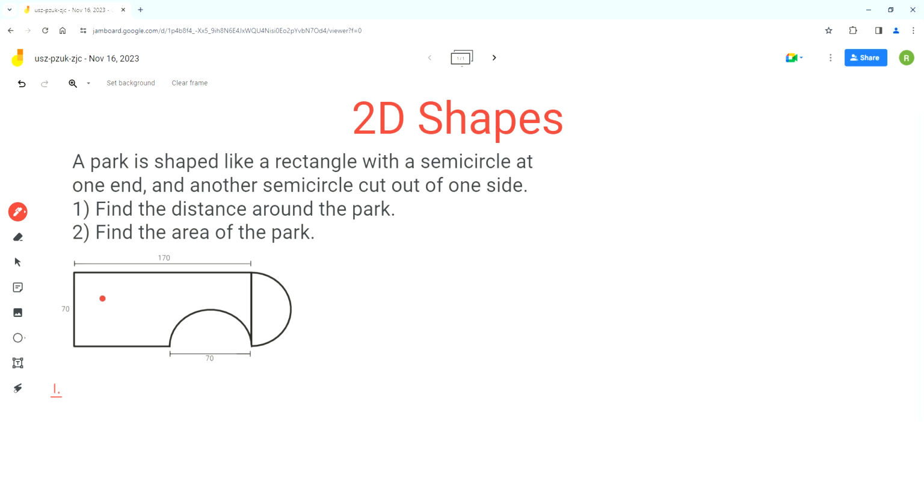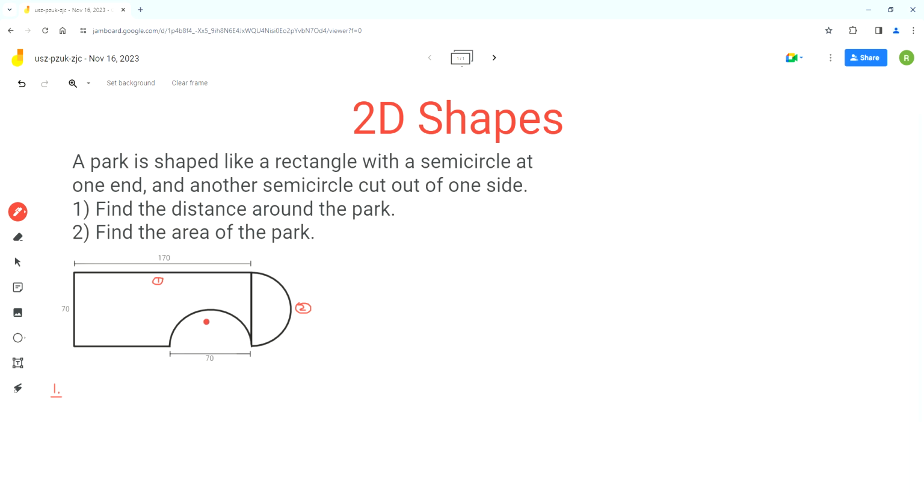So the first part is the length of this rectangle. Now there is also the distance around this semicircle. So that's the second part of the distance around the park. Now the third part is the distance that one has to go around this semicircle.